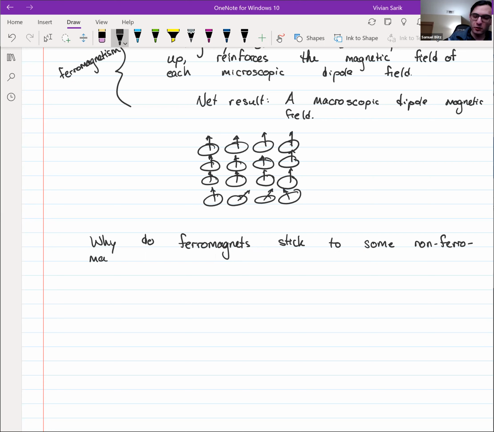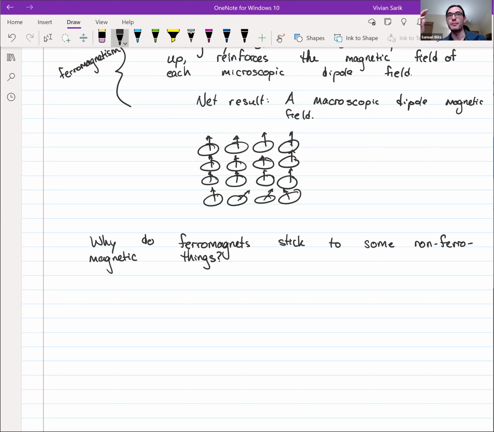Now, this should be surprising, because this is a natural property of certain elements. As far as we have covered in this course, the only time you get a magnetic force between two things is if you have two dipoles, or two things that both create magnetic fields.